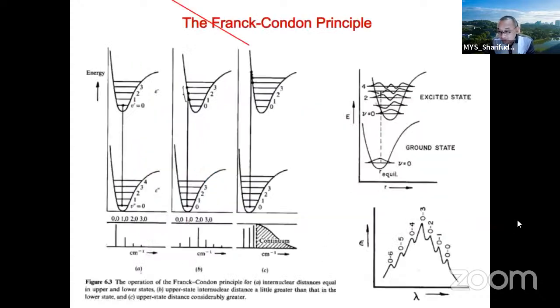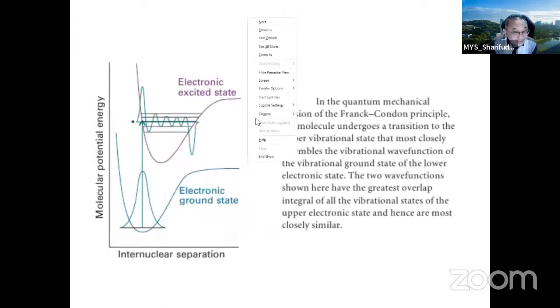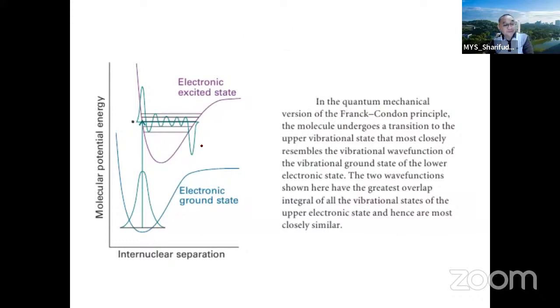So this is V double prime equals 0, and maybe this is V prime equals 5 or something like that. But you see, there's a strong overlap. Now, this strong overlap will give you a very high intensity in the spectrum.